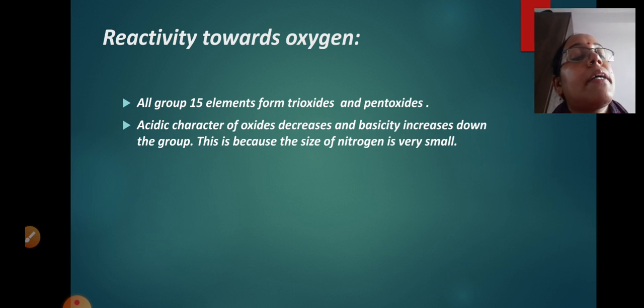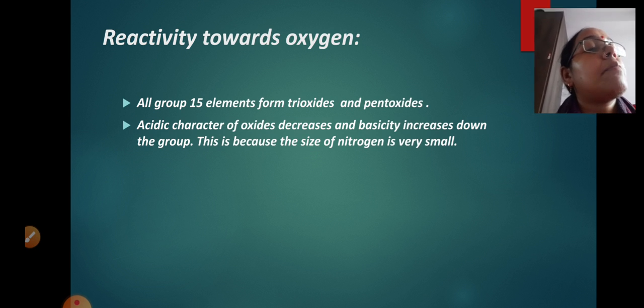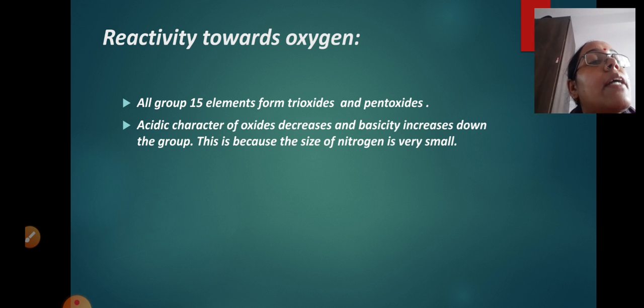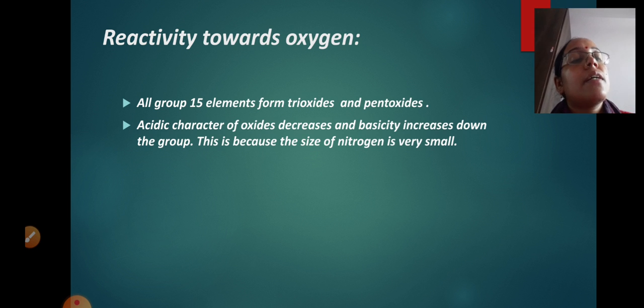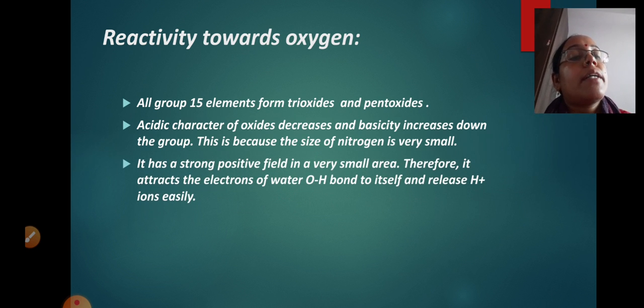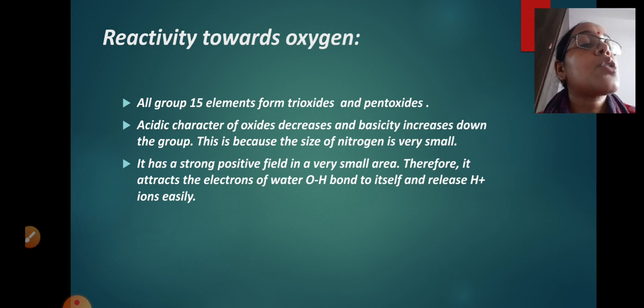If you compare the size of nitrogen with the other members, you will find that the size of nitrogen is very small. Now see another point. It has a strong positive field in a very small area. Since the size of nitrogen is small, the positive field is limited to a small area, and that is why it has a strong positive field.